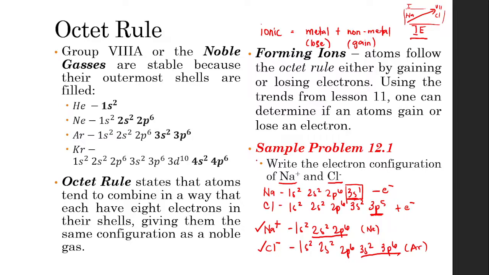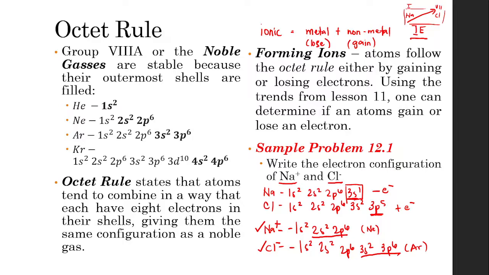So I hope you understand now what happens when we remove an electron and when we gain an electron in an ionic compound. So let's continue on. So why is this important? Well, now that they are satisfied with their octet rule, because of their positive and their negative charge, they're easily attracted to each other.